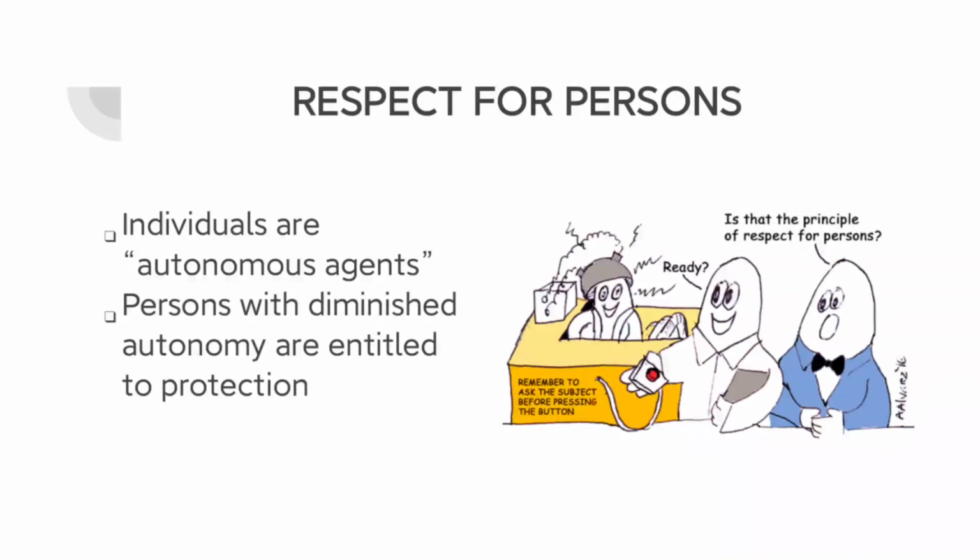Ibig sabihin, diminished autonomy, kailangan pa nila ng kanilang mga, ang tawag dito, mga guardians, no? Kailangan natin ng guardians nila bago natin sila magawan ng masama sa human participants mo. So we need to protect them. Again, respect for persons, autonomous agents, persons with diminished autonomy.